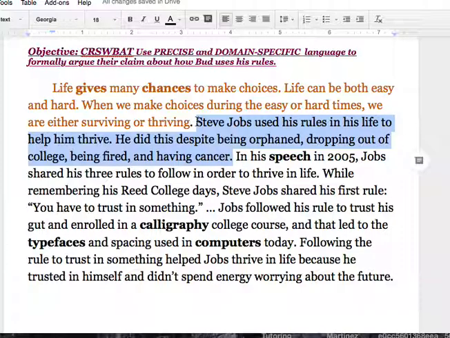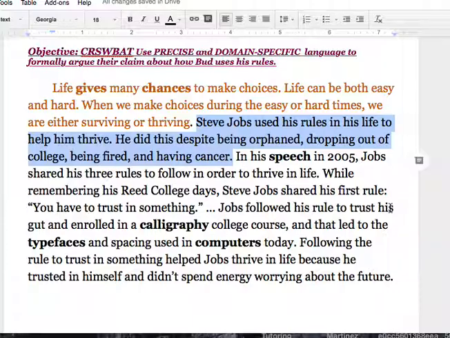So you're giving the reader the knowledge of the speech and of who it is. You're giving the reader all of this background information to help them understand your argument. Just like in history, you need a little bit of that background, and we're going to continue to see that in a minute.